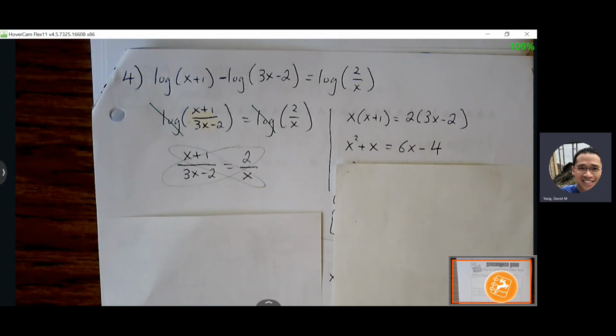Okay, we got x squared, we got x, we got a constant, and we're going to have to go through trinomial factoring. So move everything over to one side, get 0 to show up on the other side.